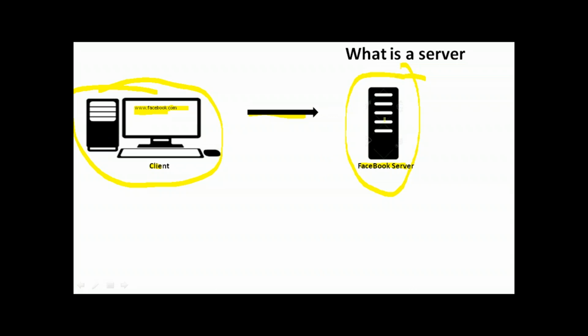Now it understands. What is the next step? It has to process the request. Processing the request means it has to build that Facebook homepage, or launch page, whatever you want to call it. Let's start calling it a launch page.